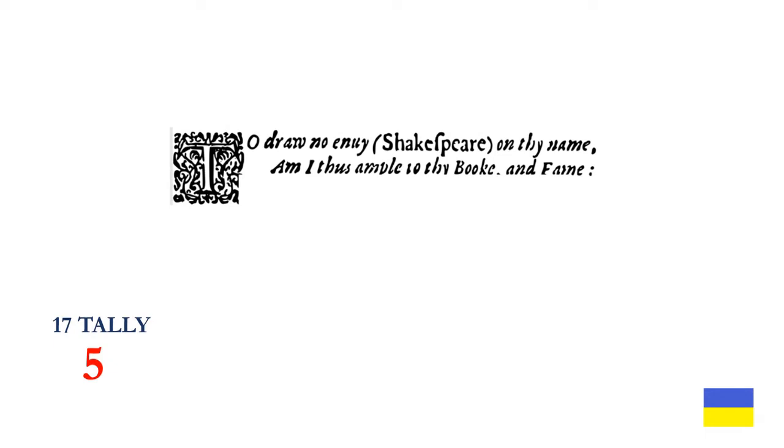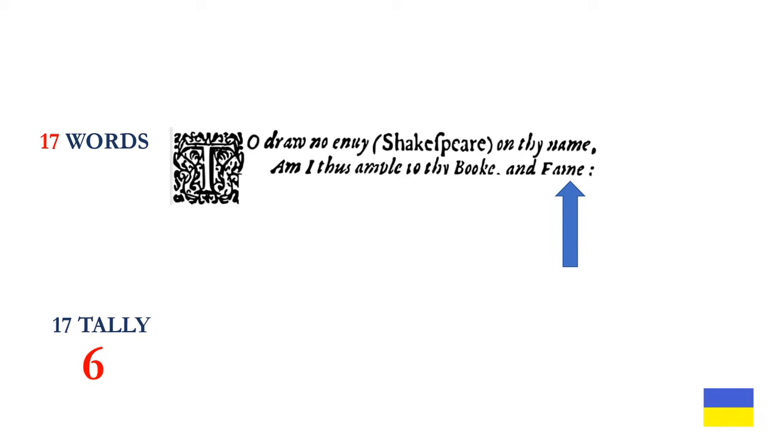Very first couplet, the very first lines have 17 words. To draw no envy, Shakespeare, on thy name, am I thus ample to thy book and fame. But that's not all.